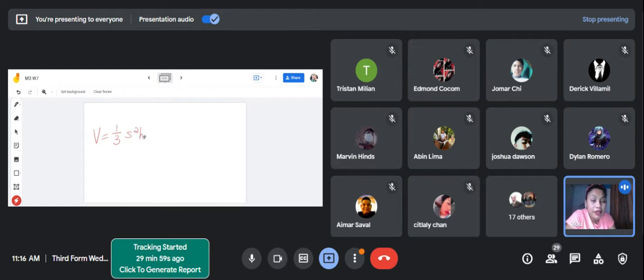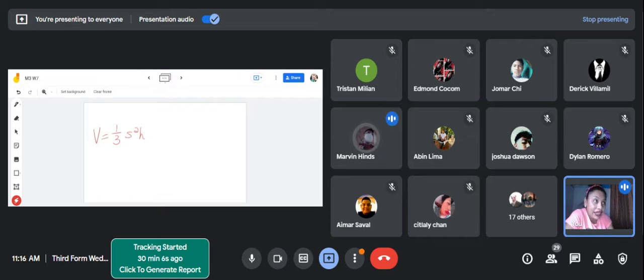Now, if I go and I read the question, what is the length of a side for this pyramid? What value is given to us? What length of a side did they give you for the cube? 6.